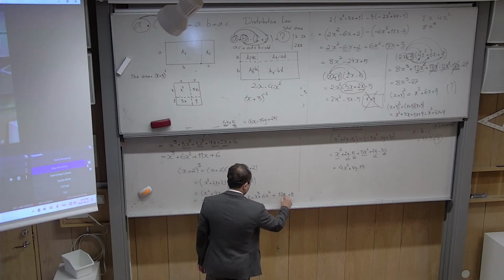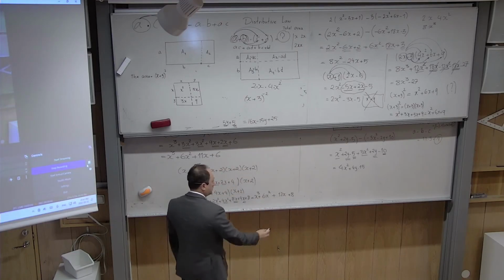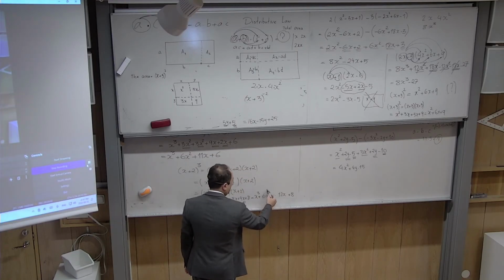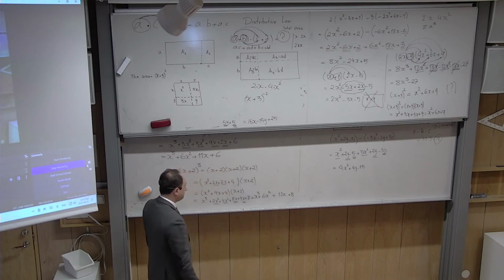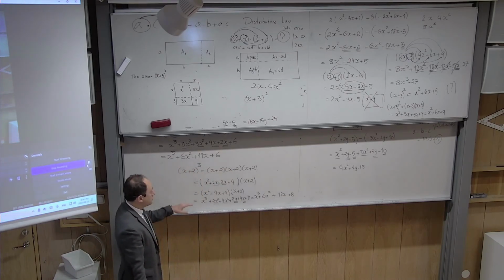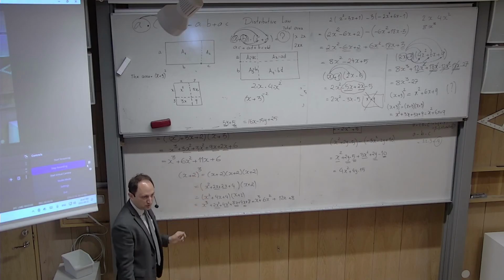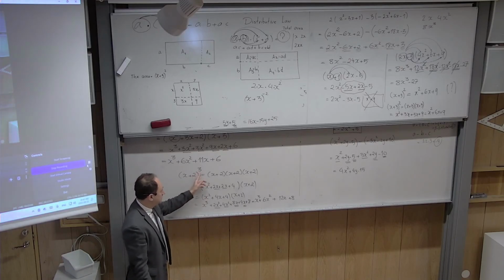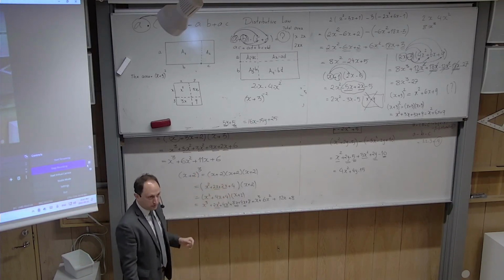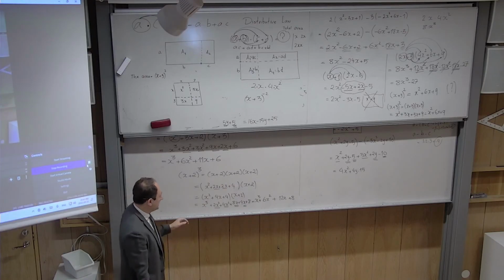So if you just naively write x to the 3 plus 8, you are actually ignoring these important terms. And of course you see that raising algebraic expressions to high powers is really boring. If I give you 4, you have to do this 4 times. So it is really boring, yes?